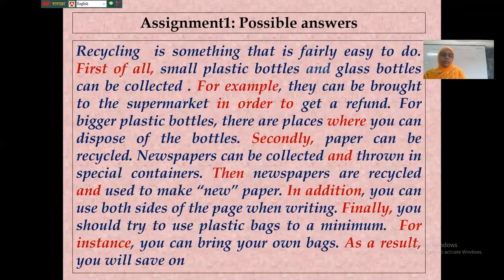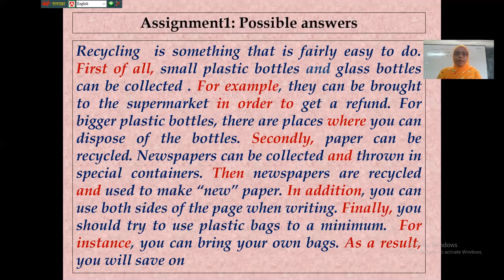Here is one possible answer. Recycling is something that is fairly easy to do. First of all, small plastic bottles and glass bottles can be collected. For example, they can be brought to the supermarket in order to get a refund. For bigger plastic bottles, there are places where you can dispose of the bottles.